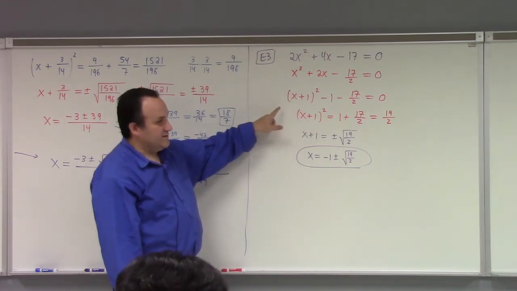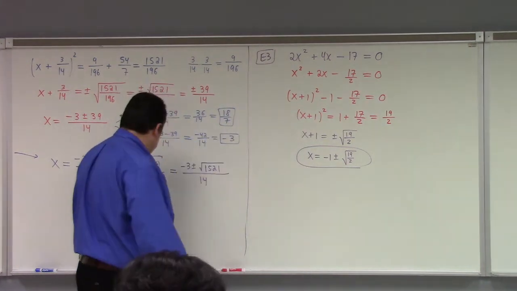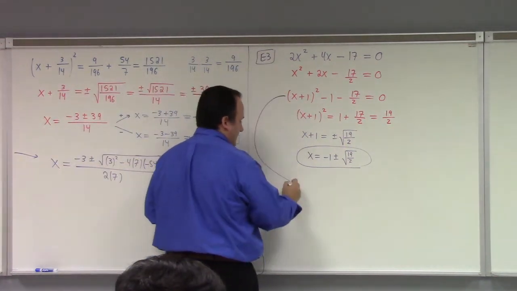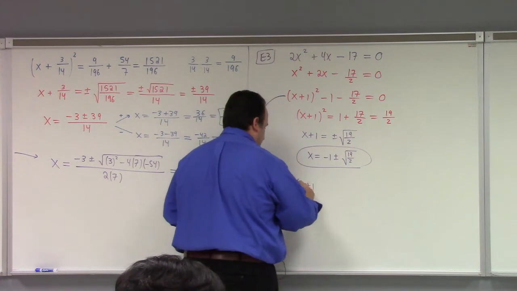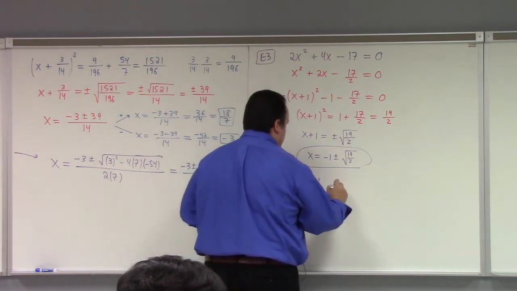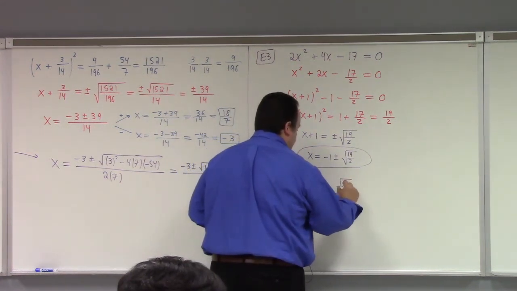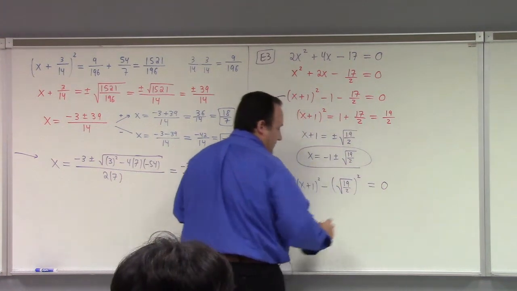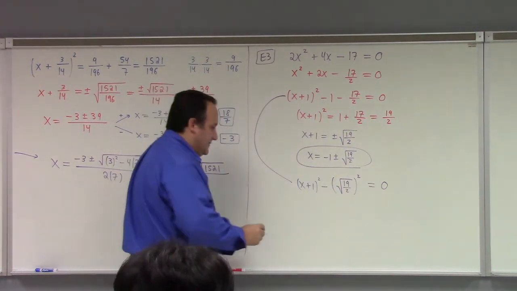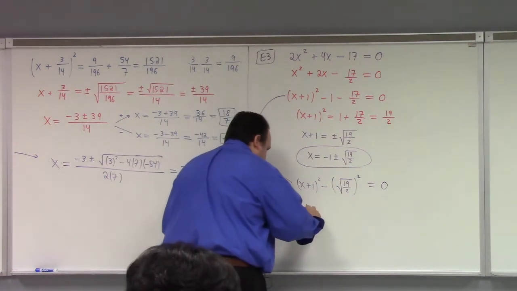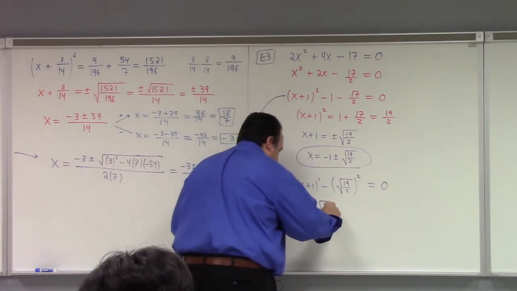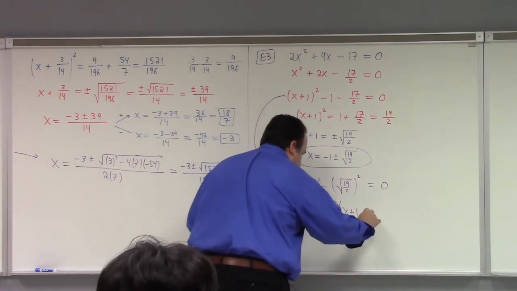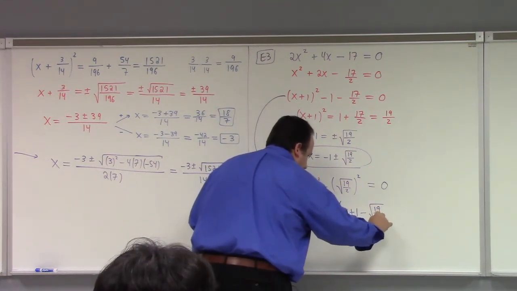How would factoring this look? You'd have x plus 1 squared minus the square root of 19 over 2 squared equals 0, right? So you could factor this as x plus 1 plus the square root of 19 over 2, times x plus 1 minus the square root of 19 over 2.